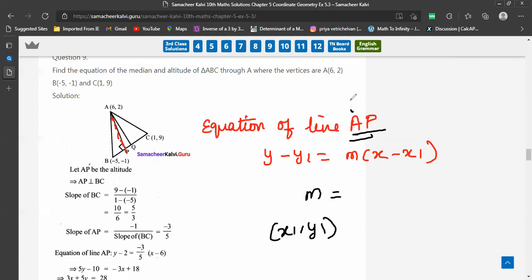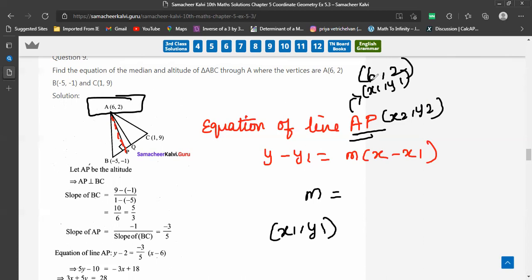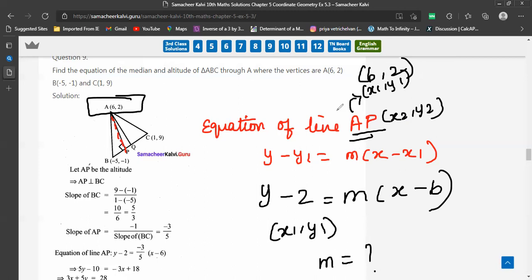Always you will consider the first point as x1 and y1 and the second point as x2, y2. So the value of A is (6, 2). So that is going to be your x1 and y1. So you will substitute y minus 2 equal to m into x minus 6. Can you follow this? Yeah. So we have to find the value of m now.